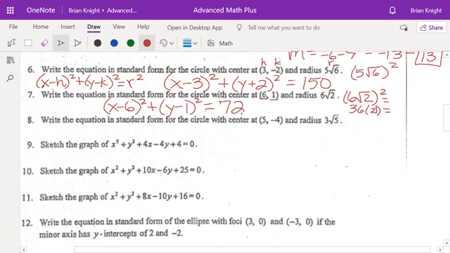Okay? And last but not least, we'll have x minus 5 squared plus y plus 4 squared equals 3 square root of 5 squared is 9 times 5, which is 45.